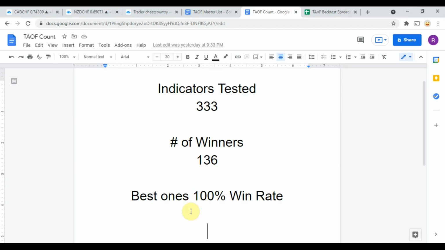The best ones so far were able to achieve a 100% win rate. You need to go back and watch those videos to understand the context of how they were able to achieve that. But as we are working on building the best trading system possible, you can take any one of those 136 indicators and start potentially profitably trading the markets with them now. So go back and watch those videos, make a list of those indicators, and see what you can do with them. But stick with us here as we work on maximizing your trading profits.